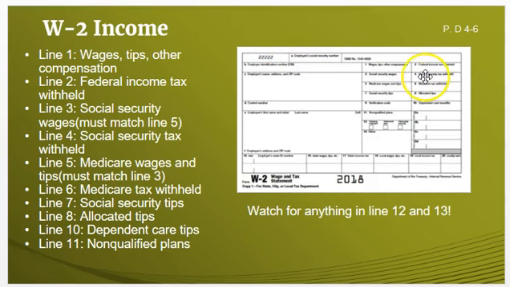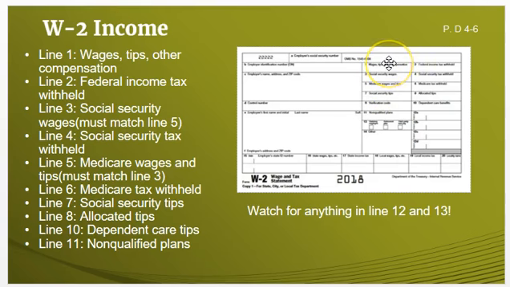Then line 2 is going to be the federal tax withheld. Line 3 is going to be Social Security wages. Now this will need to match line 5, which is going to be Medicare wages and tips. Those two amounts should be the same.